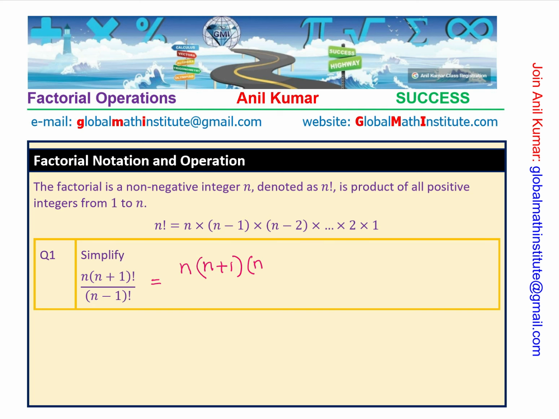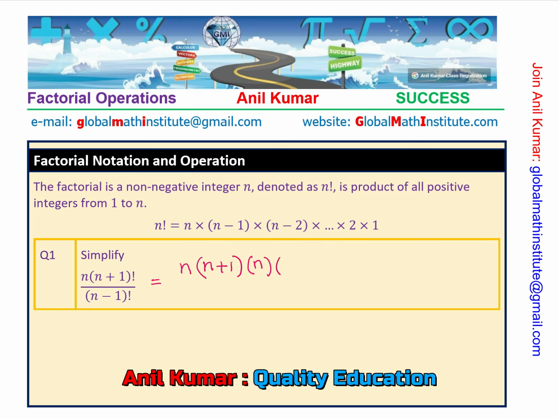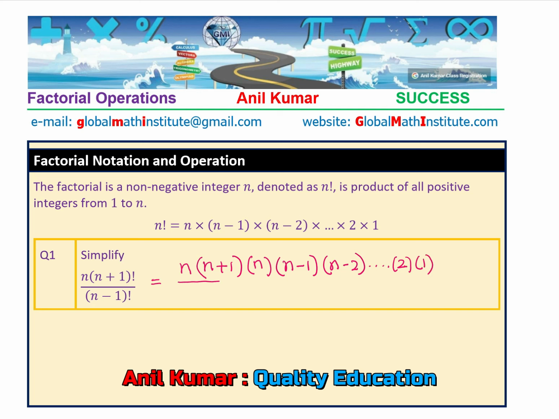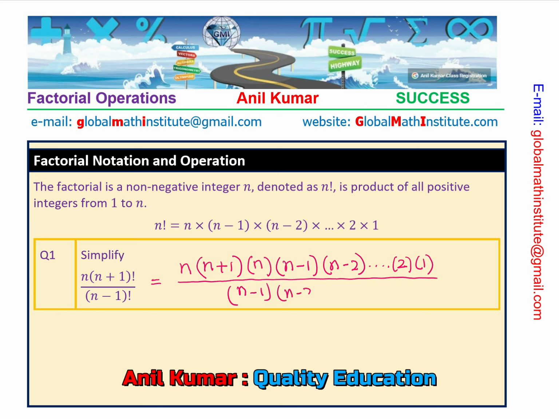So n plus 1 minus 1 will give me just n, right? And then we have n minus 1, and then we have n minus 2, and so on till we have 2 times 1, right? In the denominator, we have n minus 1 factorial, which means n minus 1 times n minus 2, and so on till 2 times 1, correct?